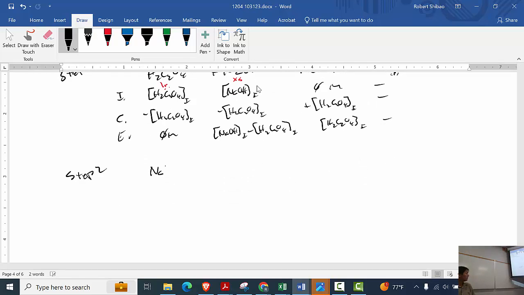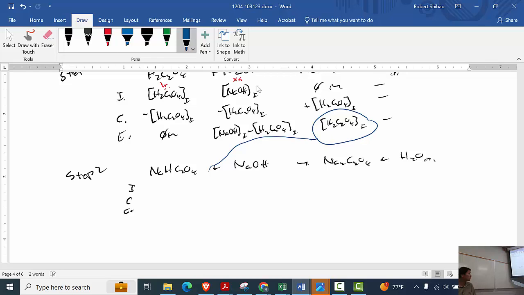Step 2, now the strongest acid is going to be the sodium hydrogen oxalate plus the strongest base. I still have leftover sodium hydroxide, and this is going to make sodium oxalate plus water. And the initial amount of sodium hydrogen oxalate I carry down from here.